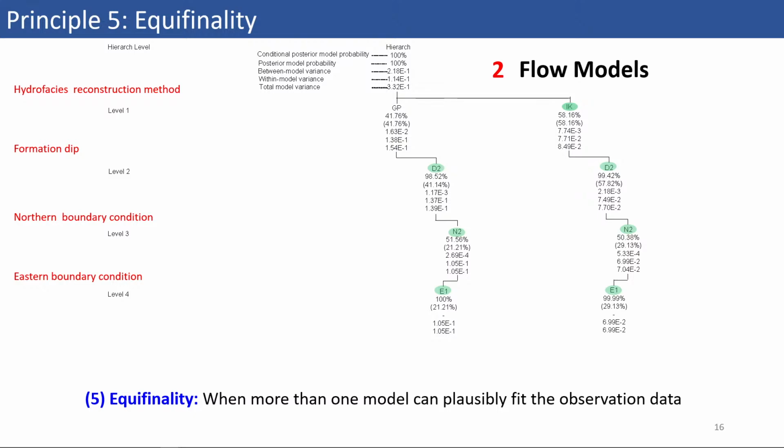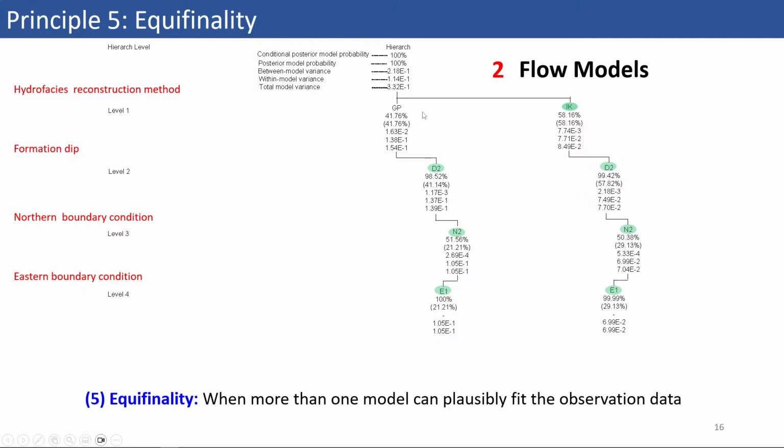Number 4, strength of the evidence, where for all these models you reward the model for being able to reproduce the field data and penalize it for being more complex, with more parameters. Number 5 is equifinality: we were able to get rid of all the bad ideas and ended up with only these 2 models. Equifinality is when more than one model can plausibly fit the observation data. So these 2 models can plausibly reproduce our observation data.